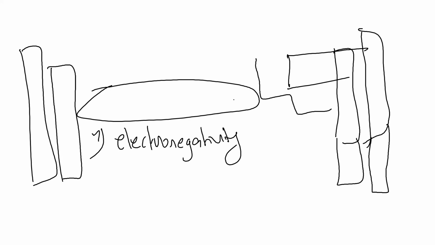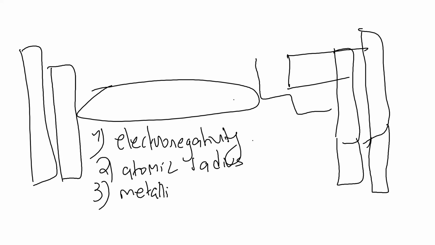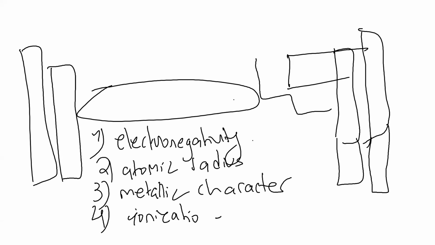Two, atomic radius. Three, metallic character, which is just for metals. Four, ionization energy. And five, electron affinity.